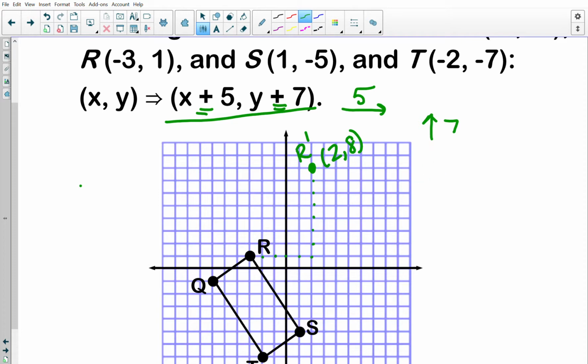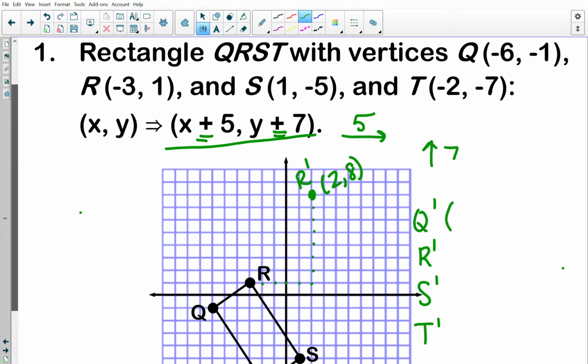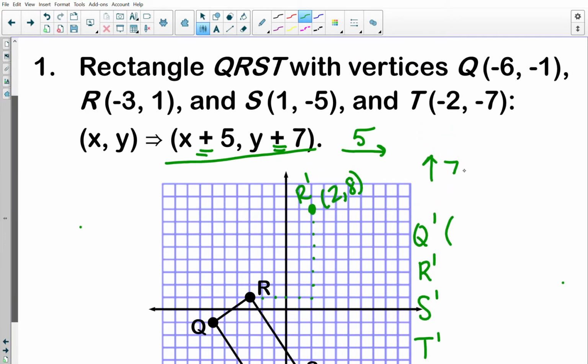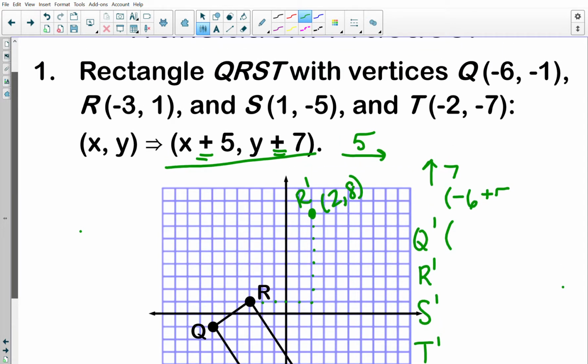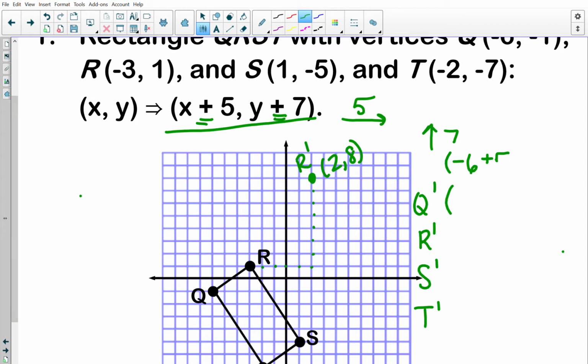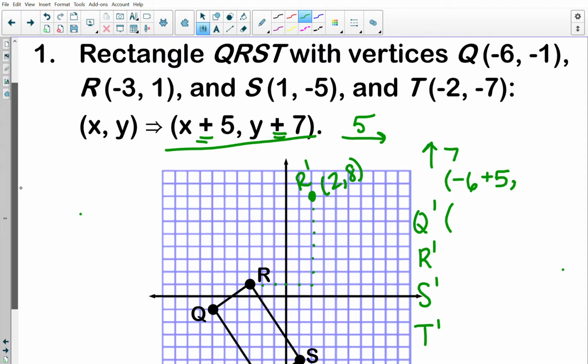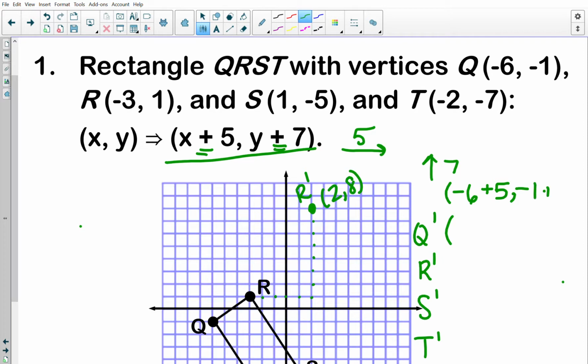let me just give myself a little space here. I can actually use that rule and I can say, well, I know each x is going to increase by 5 and each y is going to increase by 7. So I can do -6 plus 5 and -1 plus 7, which would give me a new Q of (-1, 6).